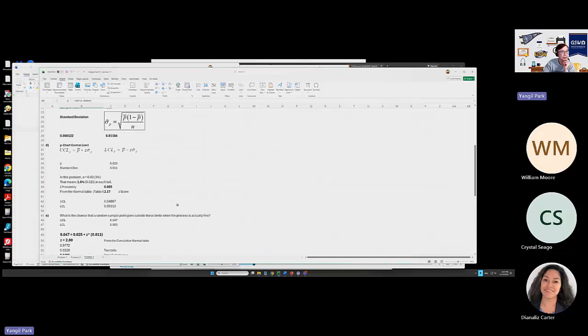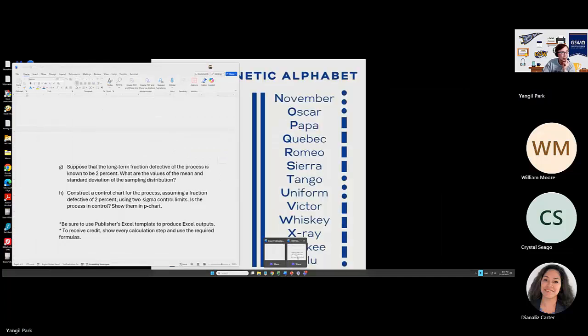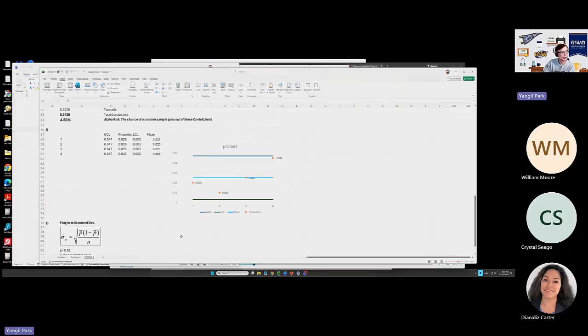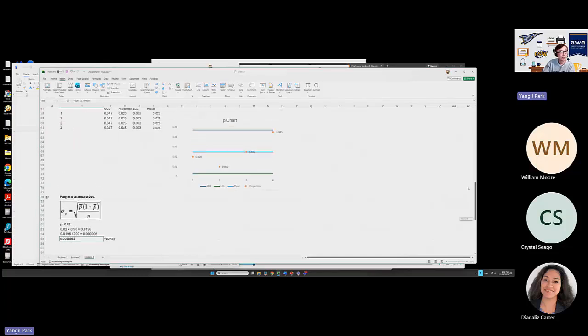Where's our control limit for that? So we're going to use this value and you multiply by 2.